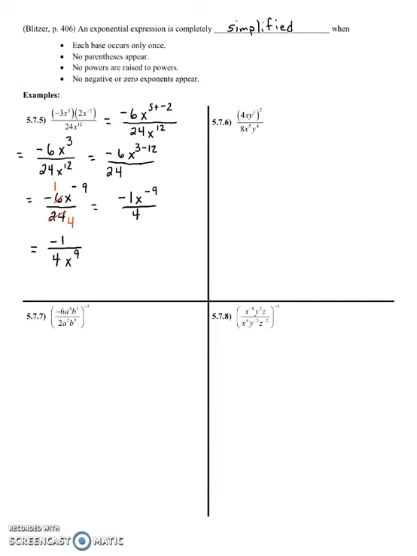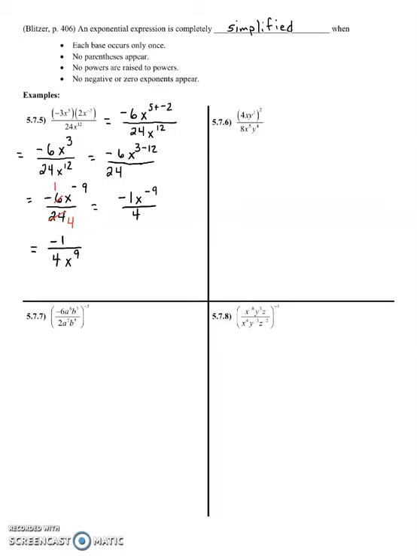Okay, I'll leave 5.7.6 for you to try. Let's go to 5.7.7. For this one, we have this whole fraction raised to a negative exponent.